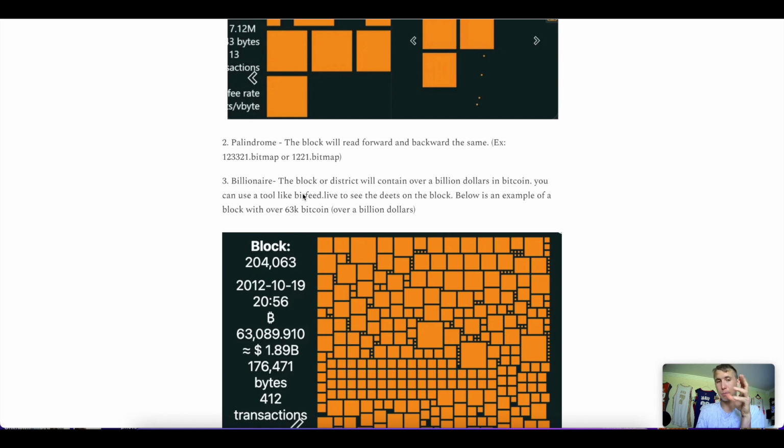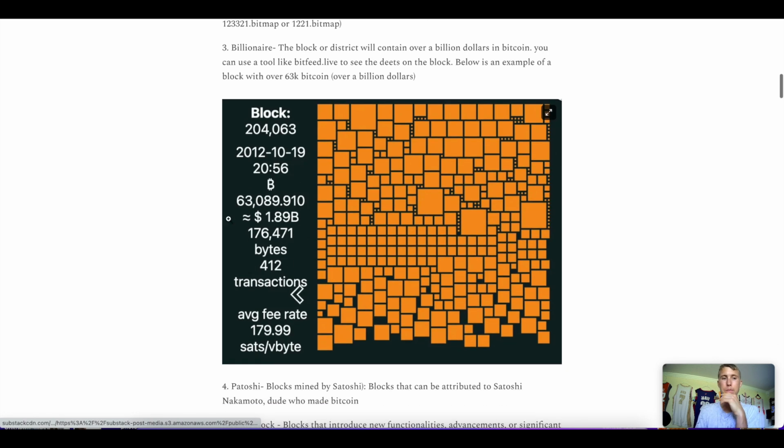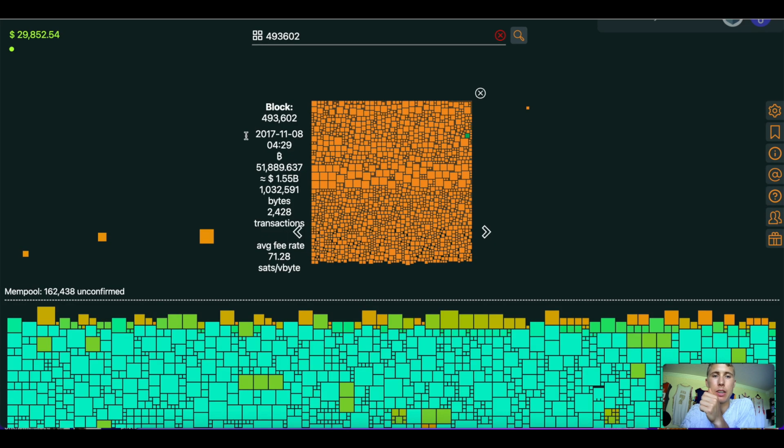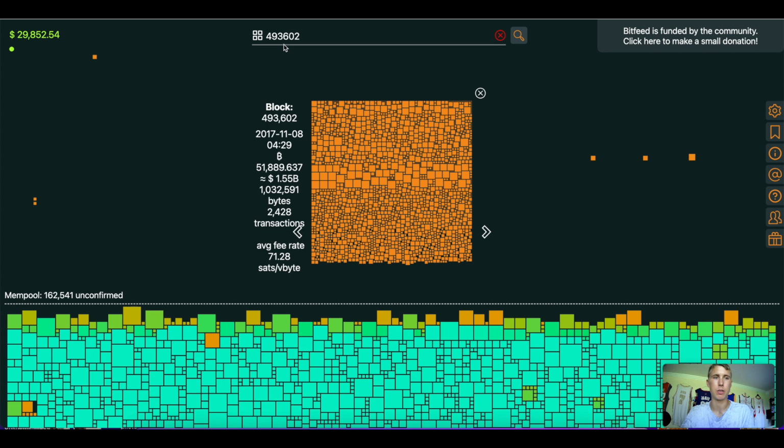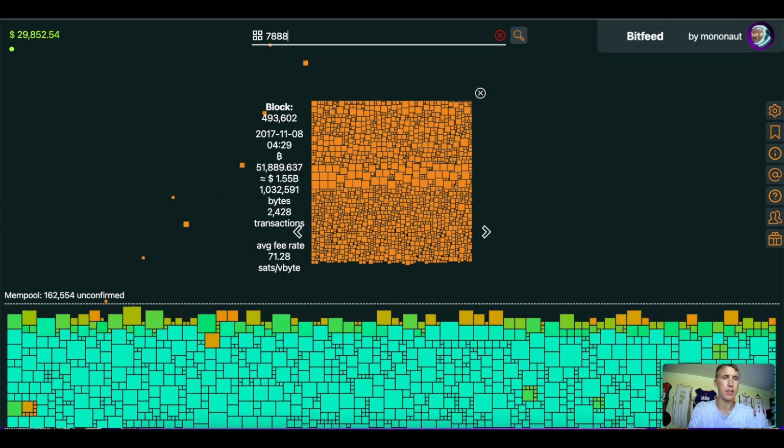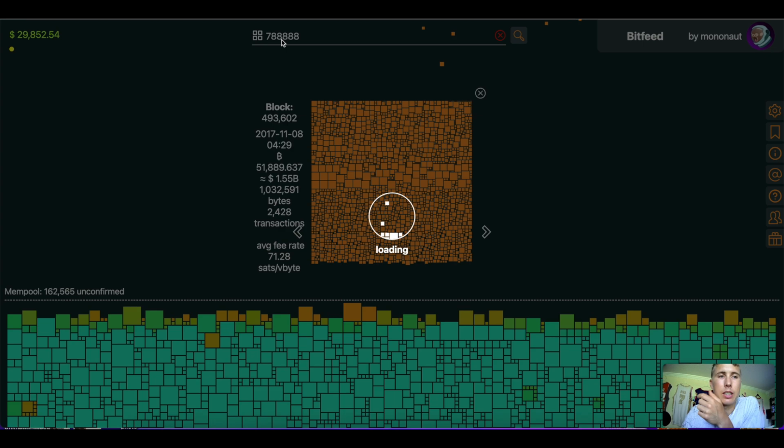The billionaire block is something that's interesting as well. As you can see here, there was $1.89 billion of Bitcoin in this transaction. Now, to show how common this is, it really just depends how many Bitcoins were sent in a particular transaction. So let's just go to, I don't know, 78888. Let's take a look at this random block.